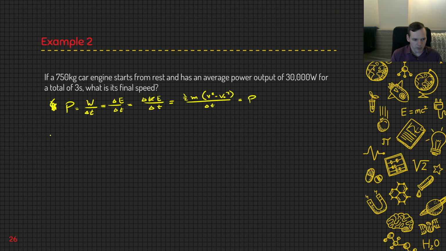We can rearrange that as power times delta T is equal to 1/2 m (v squared minus v naught squared). V naught squared is 0 because it starts at rest.